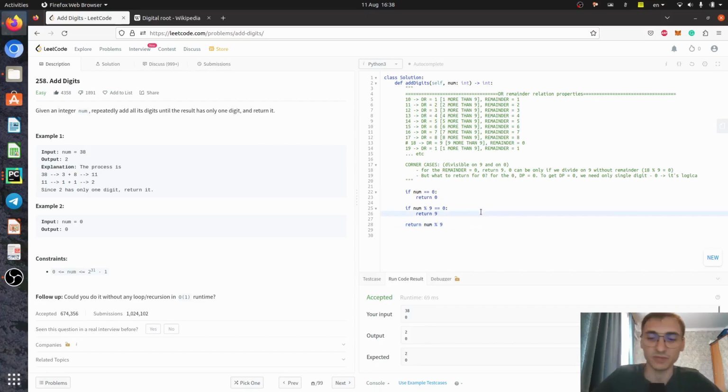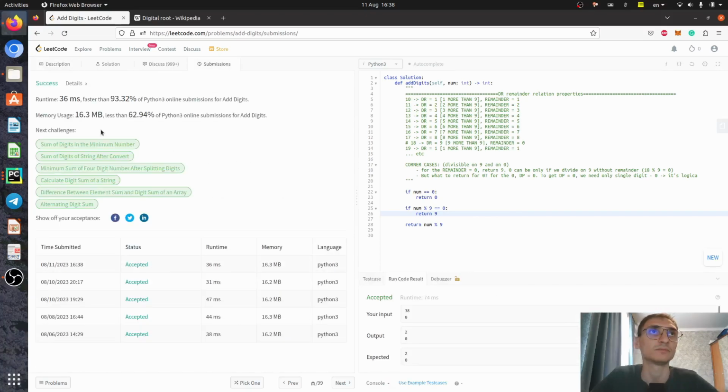This is a simple mathematical solution which works. We can even submit it. It works, it's fast, and it doesn't care about how big our initial number is. It doesn't matter at all, we don't have to iterate digit by digit. So this is the most efficient solution which can be provided for calculating the digital root.